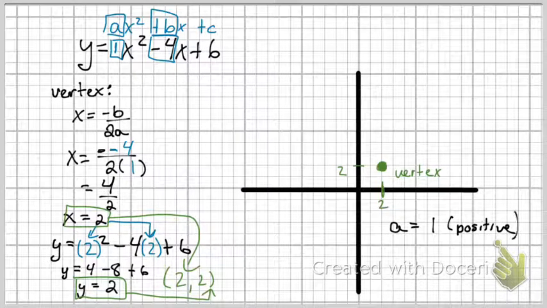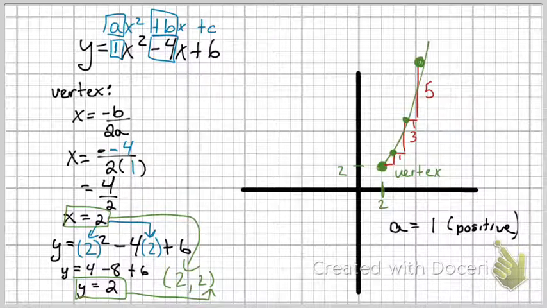So we said a pattern that we could use would be from our vertex going right 1, up 1, and that will give us a point. From our next point, we're going to go right 1, up 3 spaces, and that'll give us another point. From this point, we could go right 1, up 5 spaces, and that would give us another point.